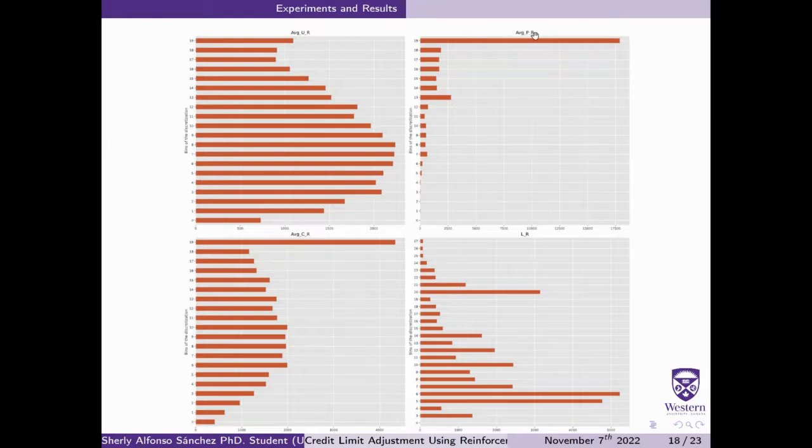And in terms of the payment rate, we can see that our agent recommends to customers that have at least 35% payment rate, and mostly those above 90% payment rate. This could be understood as expecting that when you increase the credit limit, customers that are full payers will transition from being full payers to being debtors in the future.